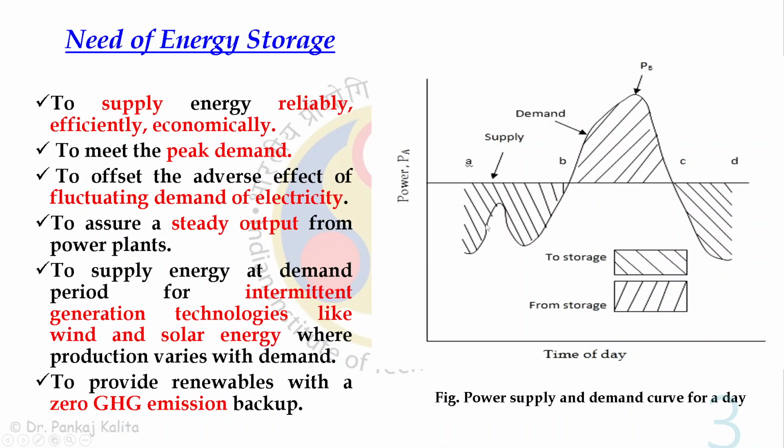So basically, what is the key? We have this energy demand curve, that is, the demand for power at that time of the day. There is some time in the day when the energy demand is quite low, while sometimes it is quite high.